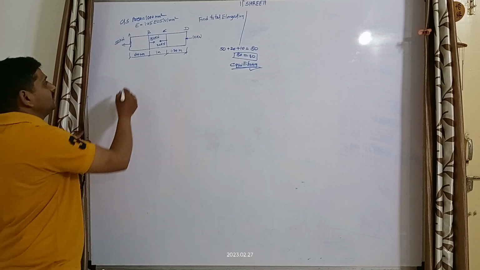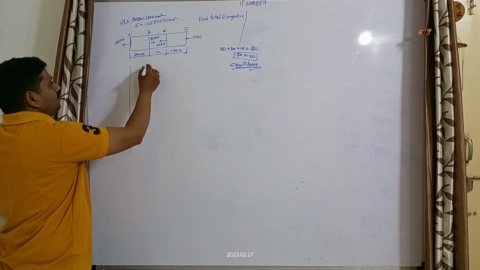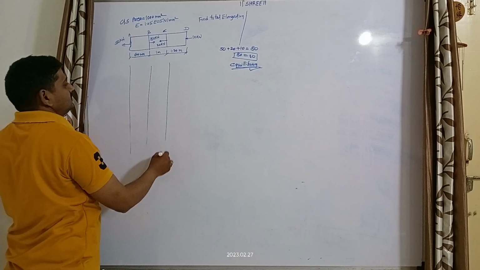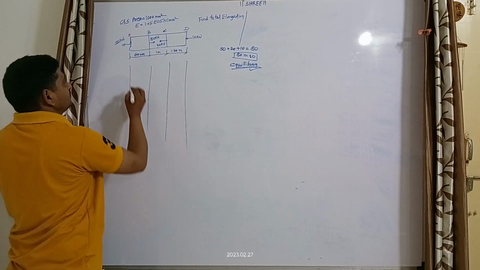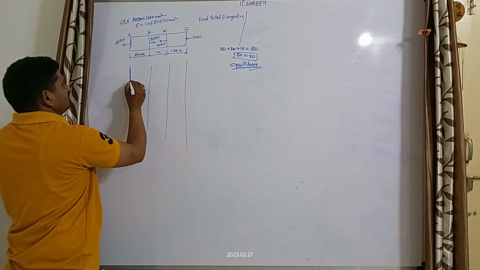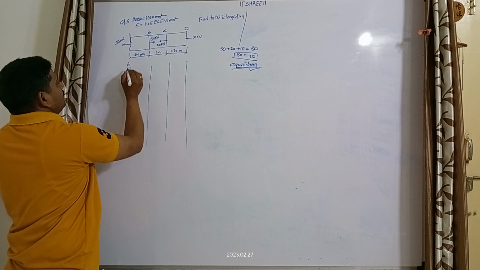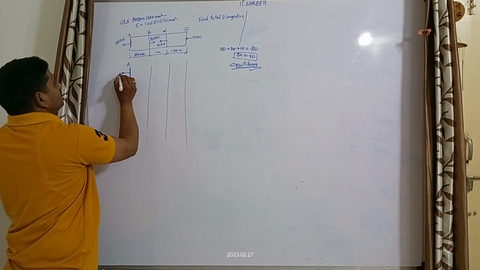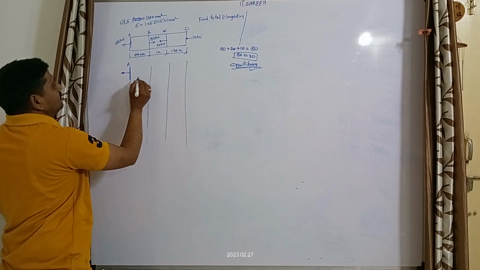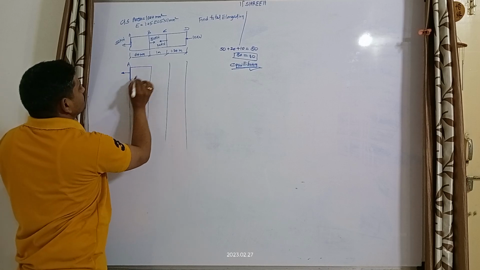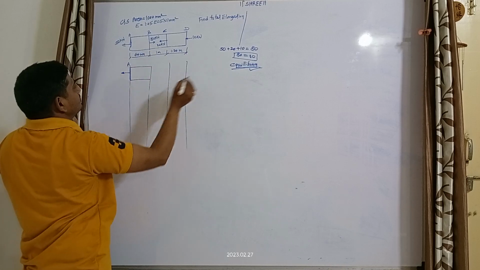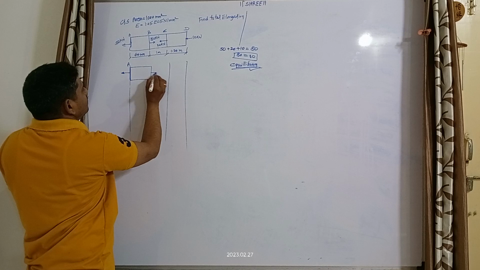First step is to draw the free body diagram of this. First we are going to take this line A, the force which is going towards left, and find another force which is going towards right.